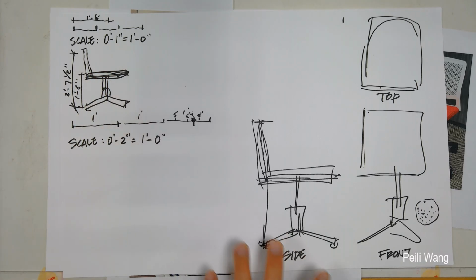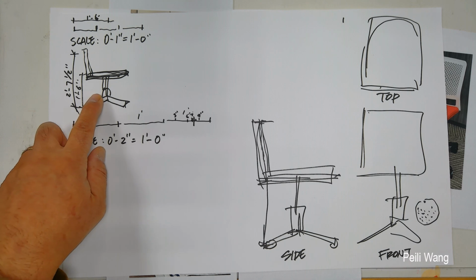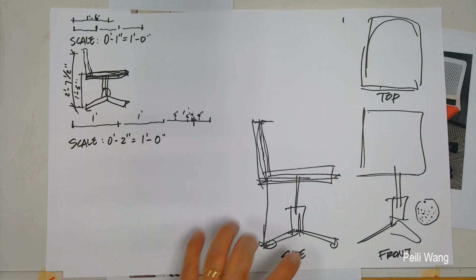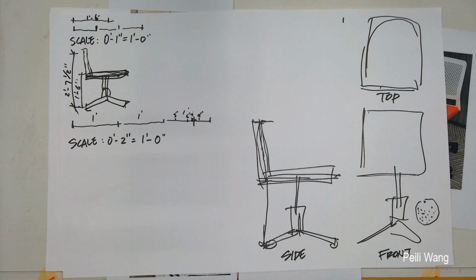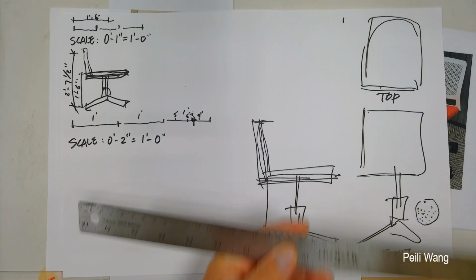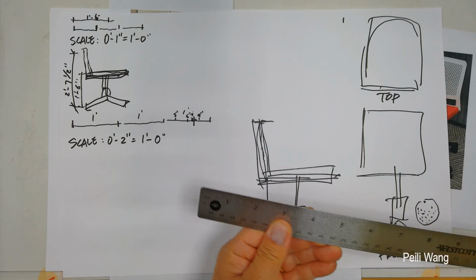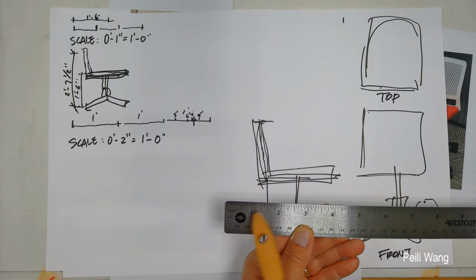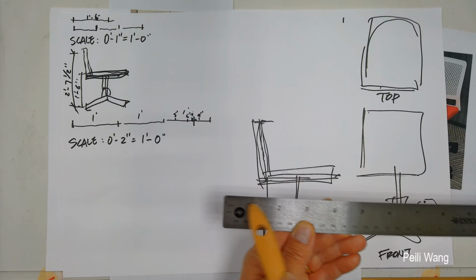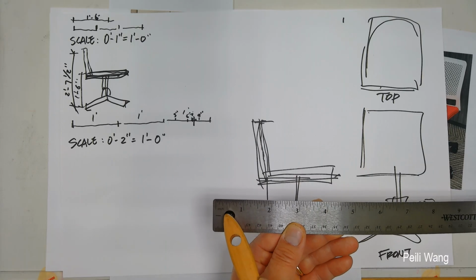So we decided on 2 inch per foot. 1 inch per foot I think is too small. 2 inch per foot is better. 2 inches is bigger, right? So we can consider 1 inch per foot or 2 inch. For 1 inch per foot I can use a ruler. So this is 1 inch per foot. Right now I use 2 inch per foot, double the size of 1 inch, right?